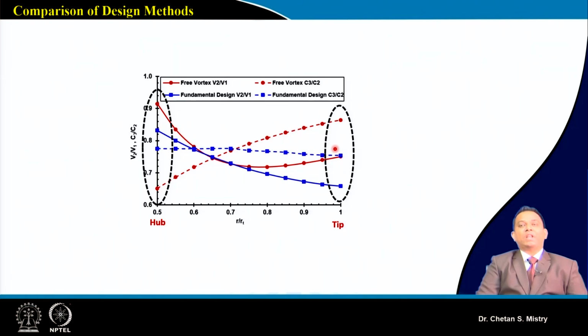But at the same time, our blade twist near the hub region is coming to be larger. For this design, our degree of reaction near the hub region was coming reasonably good, but in many designs where you have a smaller hub diameter, there may be a possibility that the degree of reaction will go negative. So we need to take care of that.